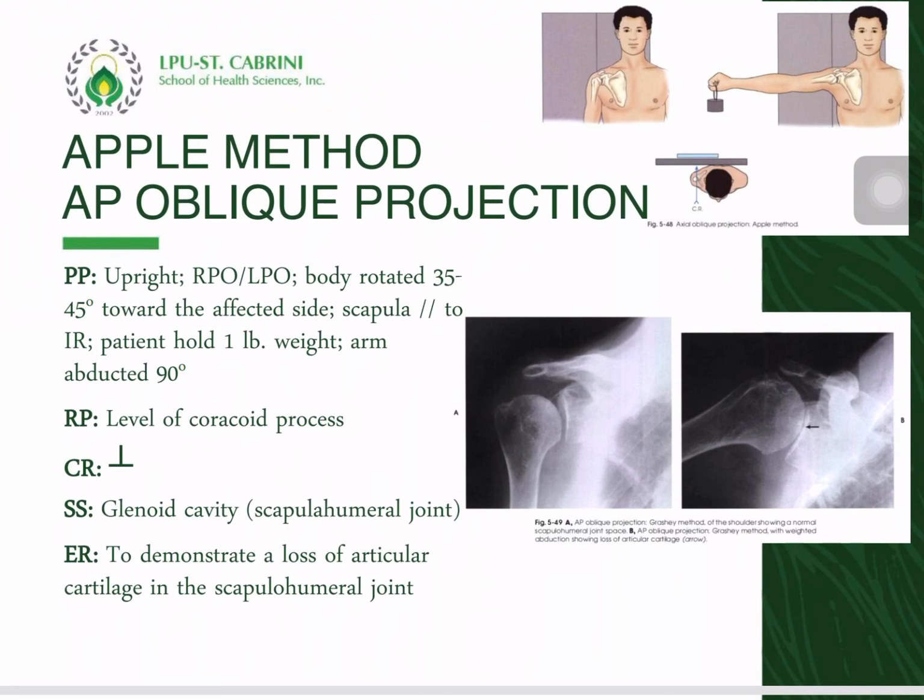So with a 1 pound weight on their hands, the patient will abduct their affected arm 90 degrees. The central ray is directed perpendicular at the level of the coracoid process.